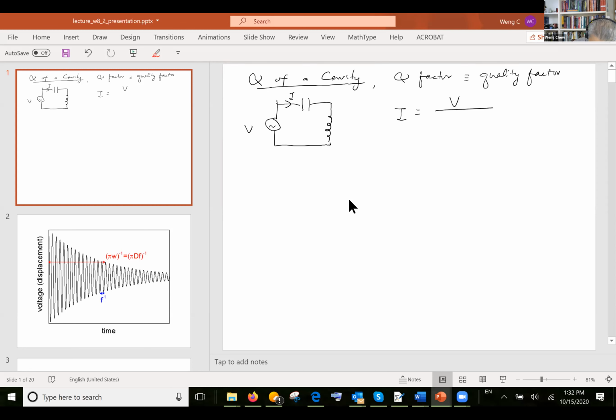Then you find that the current is V over the impedance of the circuit, if this is C, this is L, which is V times Y. Y is the admittance, which is 1 over the impedance, 1 over Z, okay? So this circuit will have a resonance. It will resonate when the denominator goes to 0.